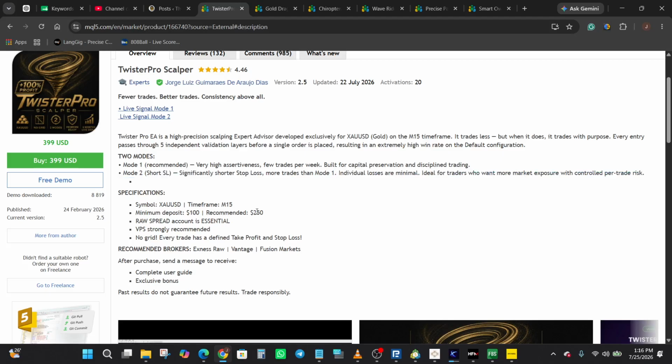Now, on specifications, the EA is for gold on the M15 chart. A minimum deposit of $100 is available with a recommendation for $250. And the page is explicit that a raw spread account is essential, with a VPS strongly recommended.